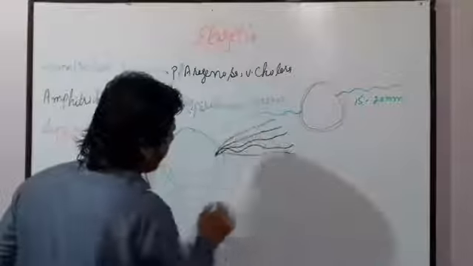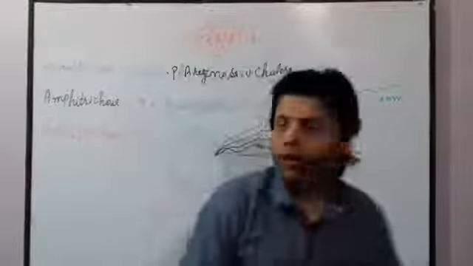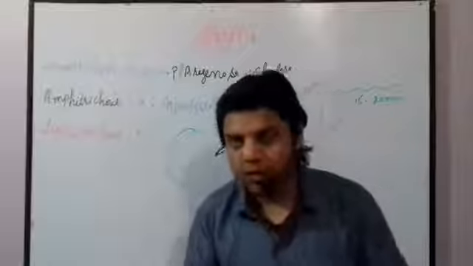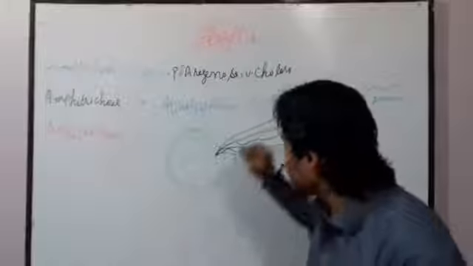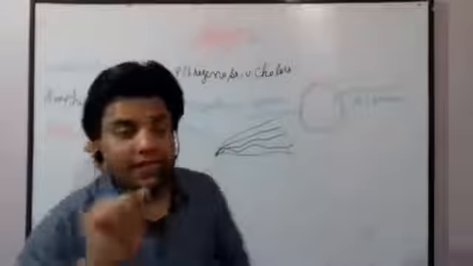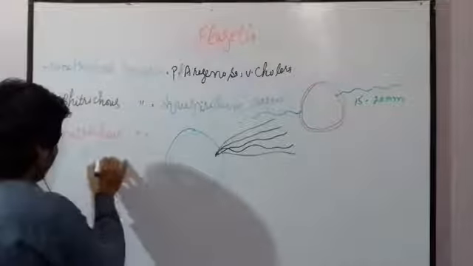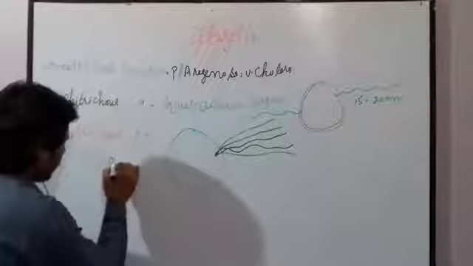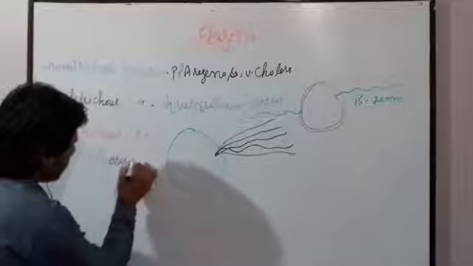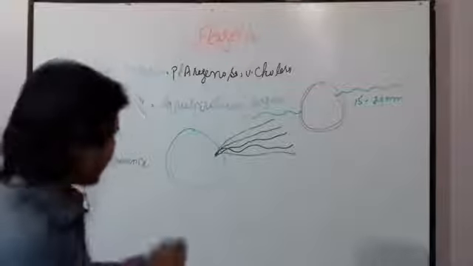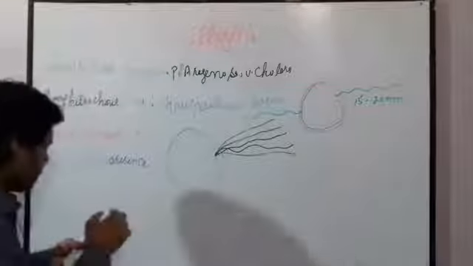We call that lophotrichous bacteria. Let me once again tell you, lophotrichous bacteria are those which have a lot of flagella at one end. An example of lophotrichous bacteria is Pseudomonas fluorescens.